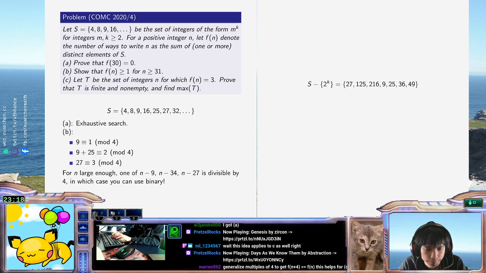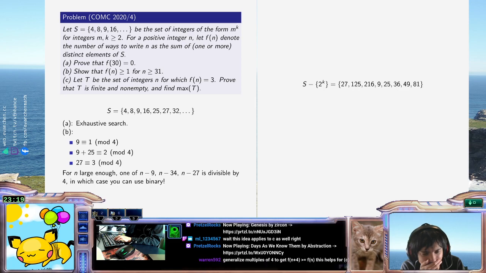Okay, so here, claim: f(n plus 4) is at least f(n), and the reason is... wait a minute. Am I being duped? Why is that true? I'm not sure I believe it. Look at the powers of 2 used.